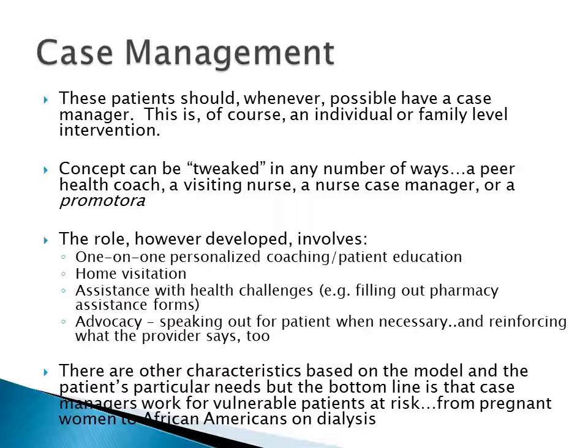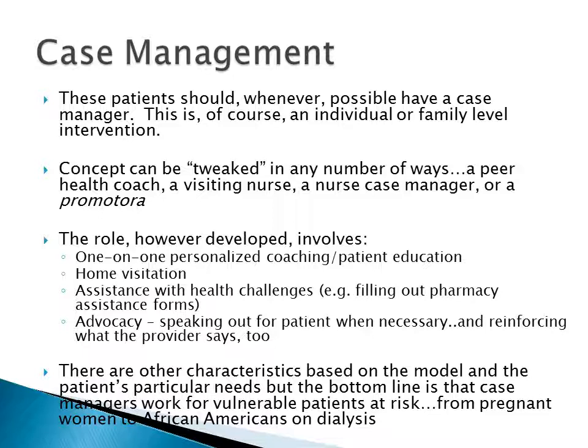The role involves several core characteristics. One is that you have one-on-one personalized coaching and patient education, usually from a member of the community, but if not a member of the community, somebody who's working close with that patient. There should be home visitation involved. It really makes a difference with difficult patients to just go visit the home, talk to other family members, get a feel for what kind of circumstance the patient is living in.